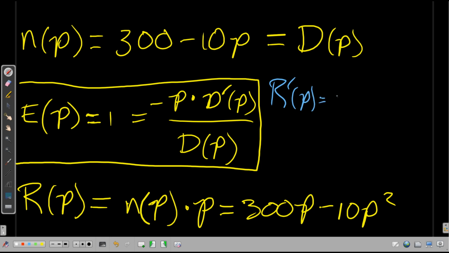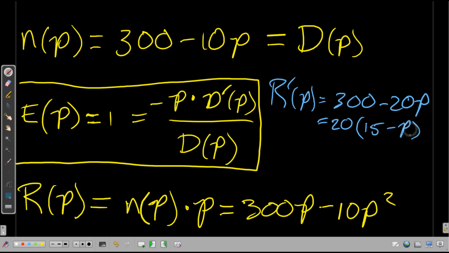So r prime is going to be 300 minus 20p. Okay, so if I factor out that 20, then I would have 15 minus p. And so p would equal 15. And this is where, if I charge this much, then revenue would be maximized.